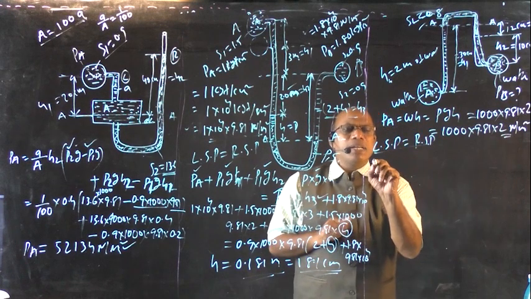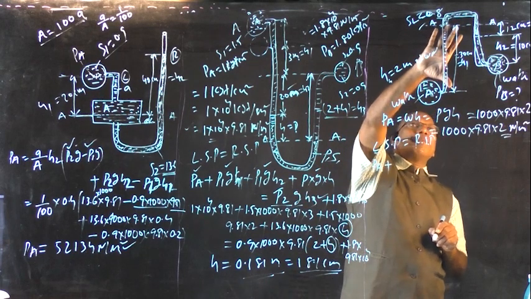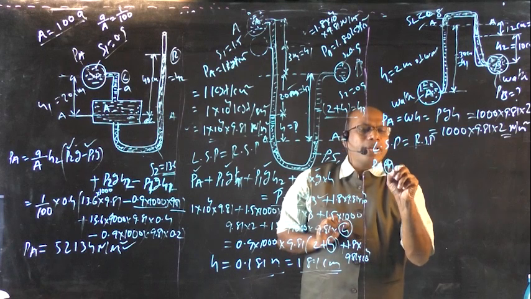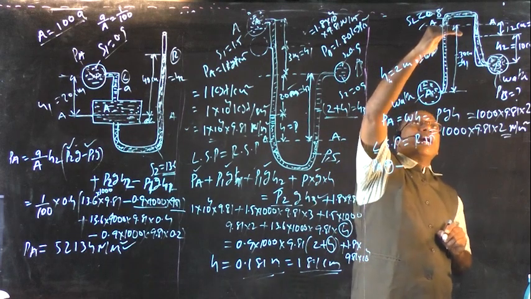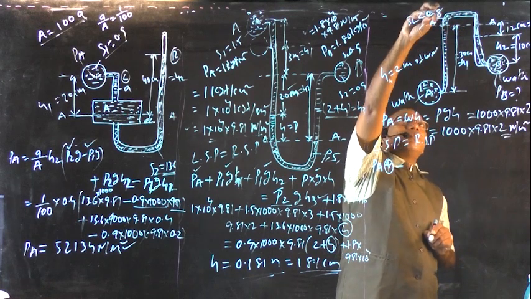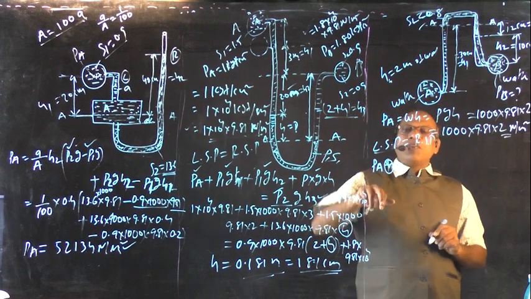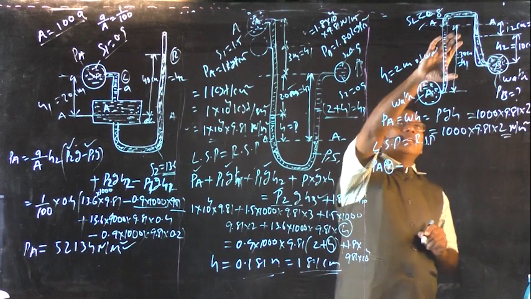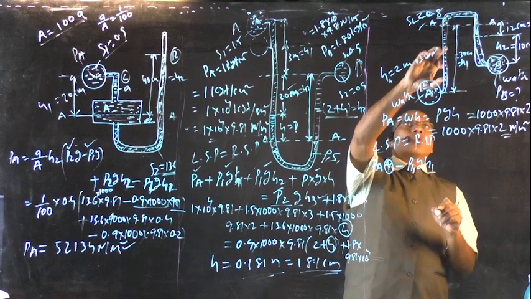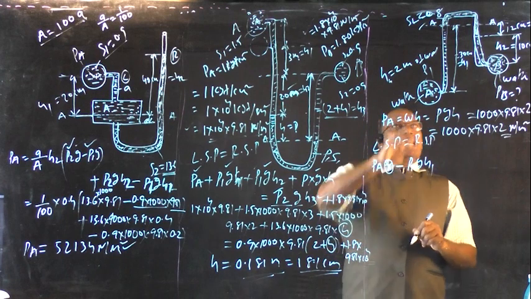On the left side, PA, and because of this water column we are going to take not plus but minus, since the manometer liquid is a light liquid. That means the specific gravity of the manometer liquid is less than that of the liquid flowing in pipes A and B. Therefore, PA minus rho 1 g H1, where rho 1 is the density of the flowing liquid and H1 is the depth of liquid.